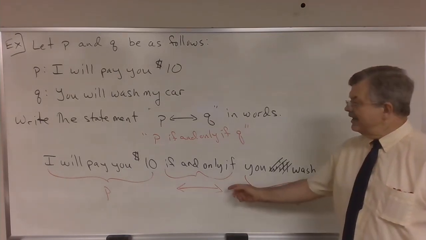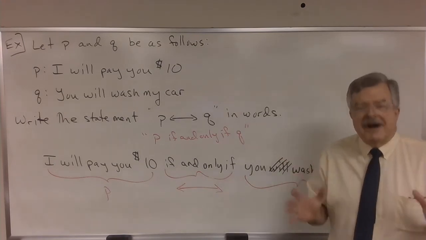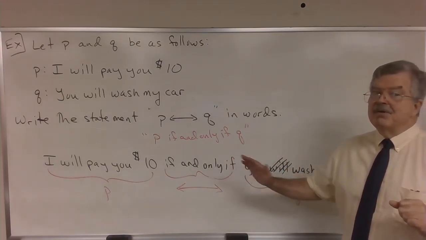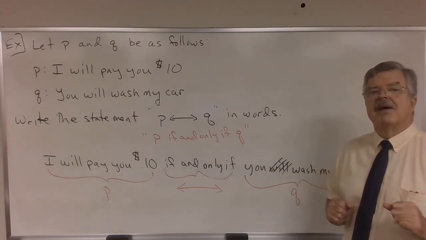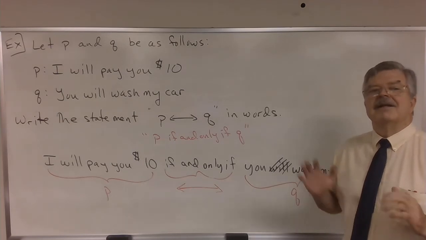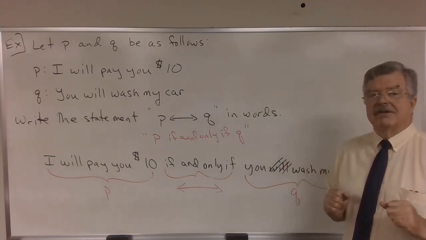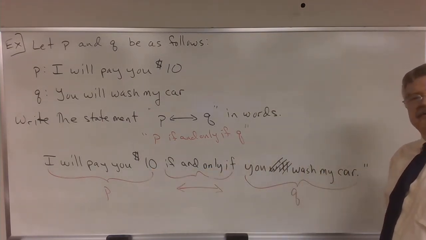So with an if and only if statement, in order for the entire statement to be true, both simple statements have to be true, or both simple statements have to be false. If this is false, then that's going to be false too.